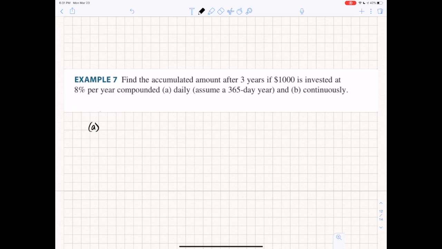Okay, so in this problem here, t is equal to 3, P is equal to 1,000, r is 8% or 0.08. And for a, I want to compound it daily, so 365.